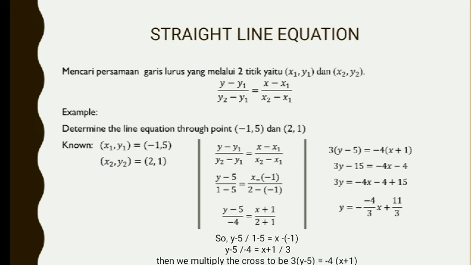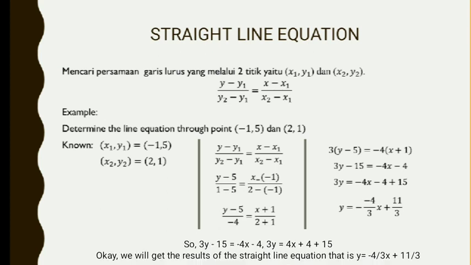So y minus 5 over 1 minus 5 equals x plus 1 over 2 plus 1. Y minus 5 over minus 4 equals x plus 1 over 3. Then we cross multiply to get 3 times y minus 5 equals minus 4 times x plus 1.